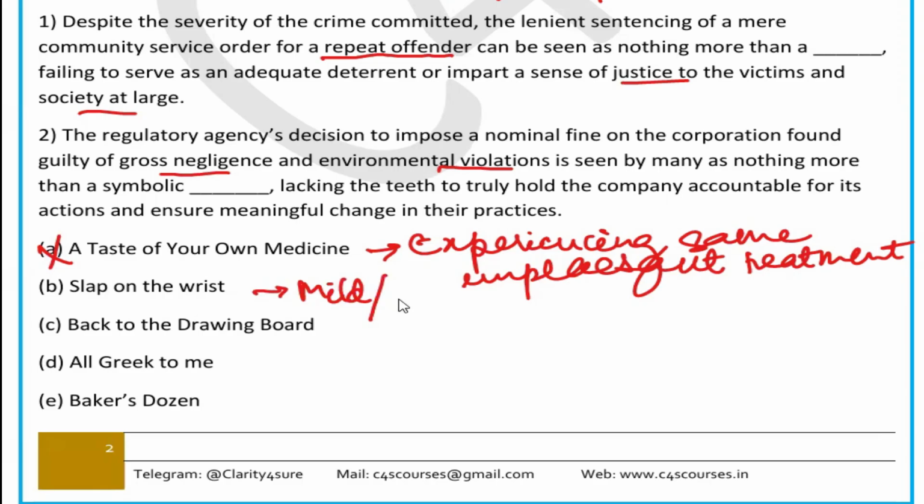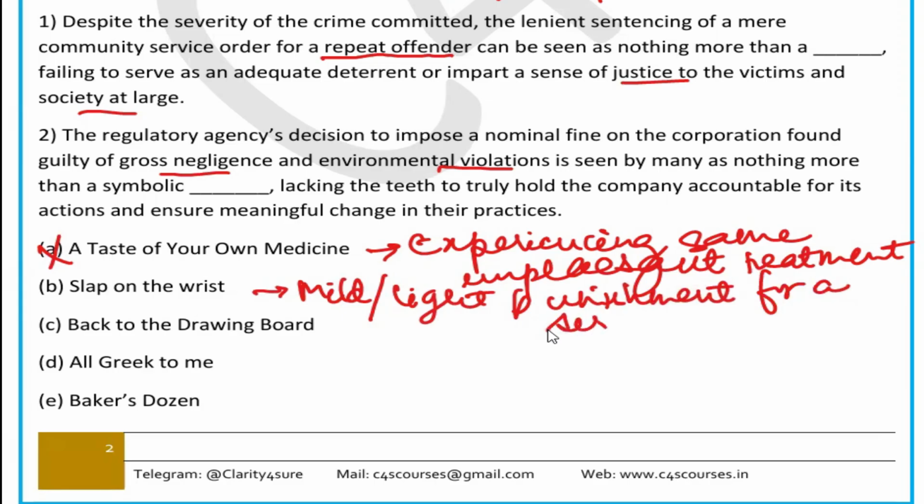Now, slap on the wrist is basically related to mild or light punishment. Okay, less punishment, a very light punishment for a serious offense. So you can say this term will fit in both of these, because both of them are committing a very heinous, very severe crime, yet they are not getting the punishment they actually deserve.